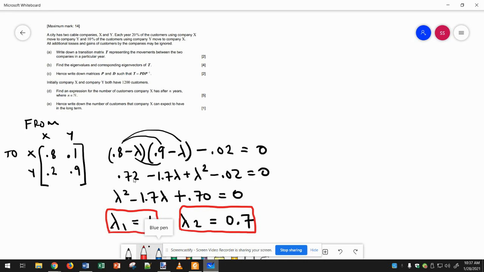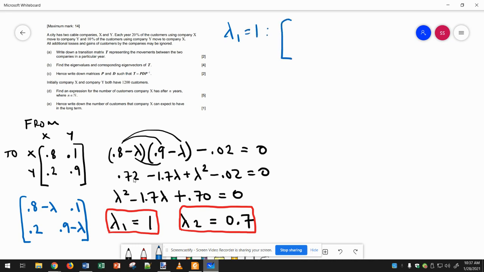So the next step is to find the eigenvectors. The first thing we have to do is plug in. This matrix should really be 0.8 minus lambda, and then 0.1, and then 0.2, and then 0.9 minus lambda on the diagonals. So we need to plug in this 1 for lambda first. For lambda 1 equals 1, we get a new matrix. 0.8 minus 1 is negative 0.2, and then we just copy down the other diagonal.